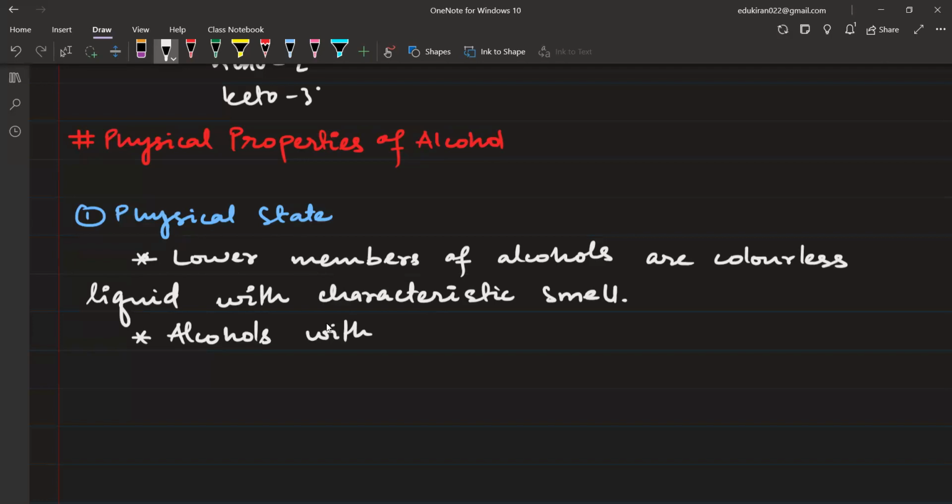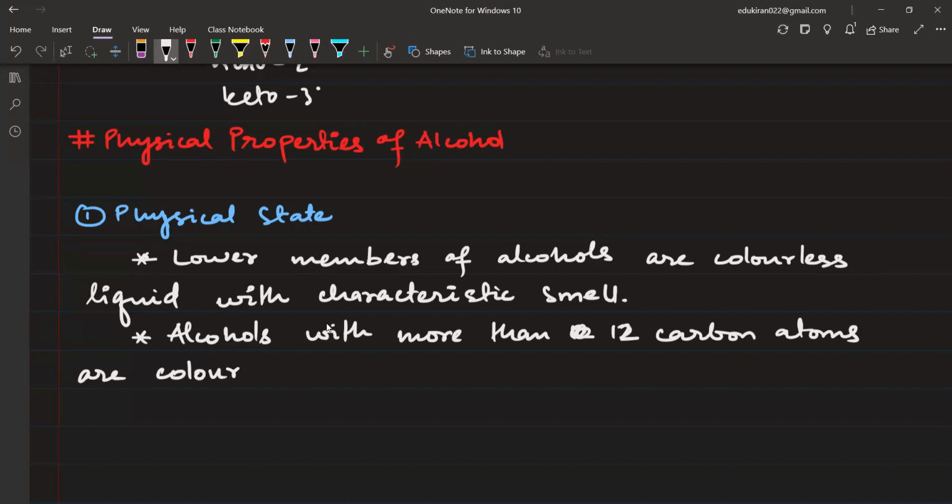Alcohols with more than 12 carbon atoms are colorless solids. Right, next.